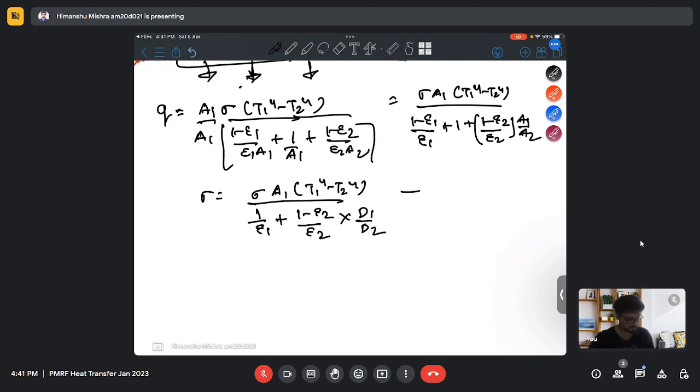So this relation is for two long parallel cylinders.